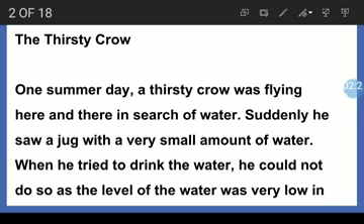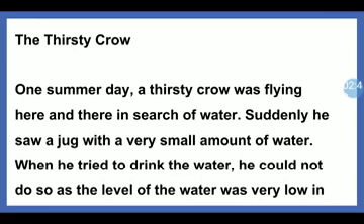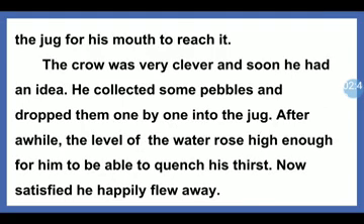When he tried to drink the water, he could not do so, as the level of the water was very low in the jug for his mouth to reach it.